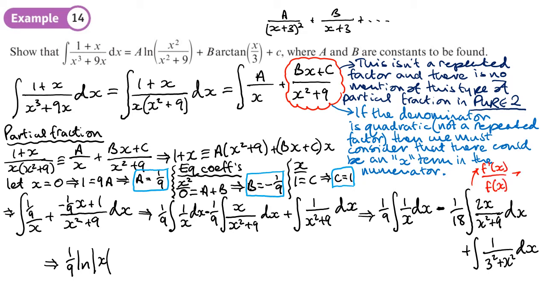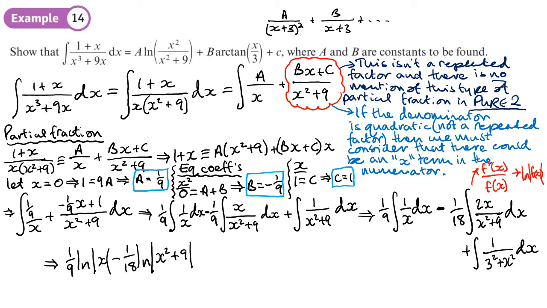So when we've got something like that, we know it's going to be log f of x. So it will be negative 1/18 of natural log of that denominator, x squared plus 9.